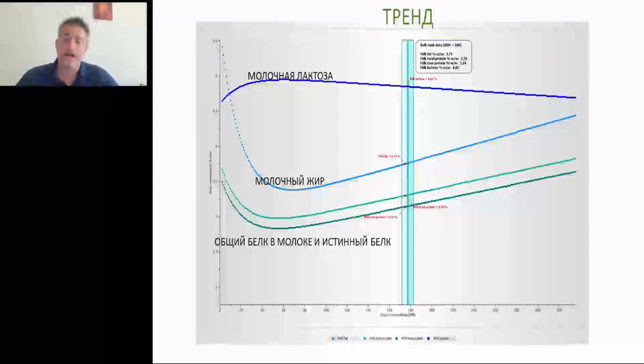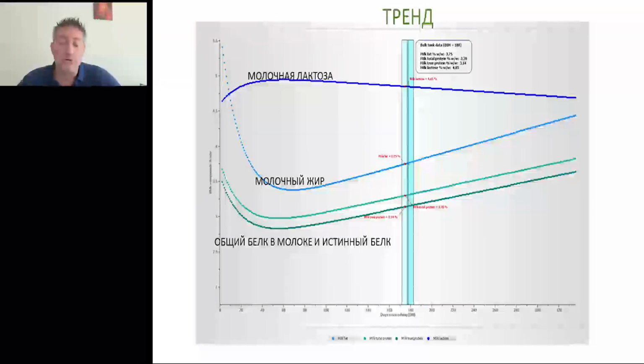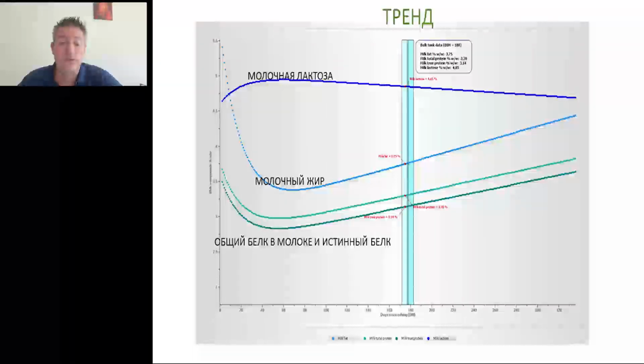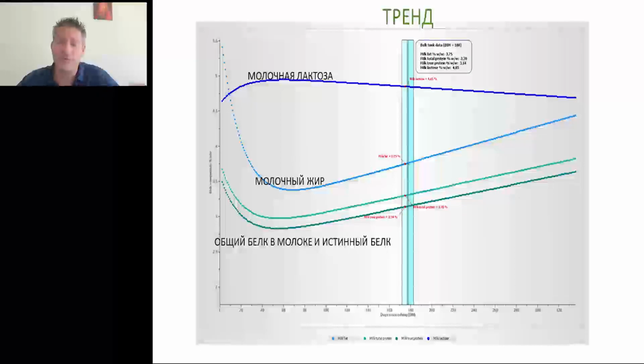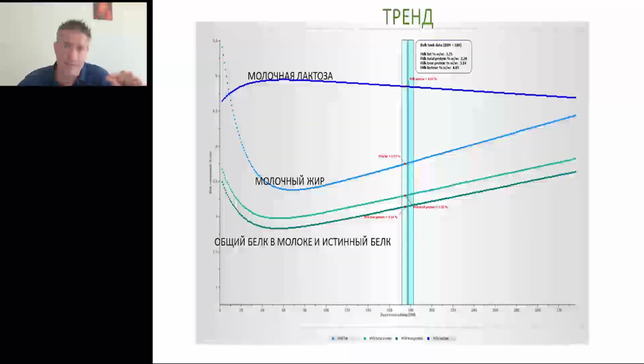In this graph, I show the trend of lactose, protein, and fat during the whole lactation period. Milk lactose is always directly proportional to the milk yield, so the peak of the lactose corresponds with the peak of the lactation. Milk protein and milk fat have a similar trend.